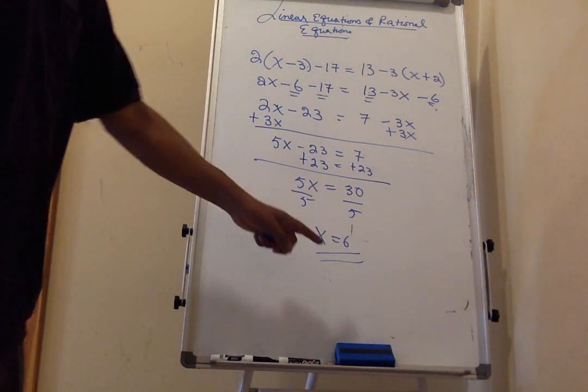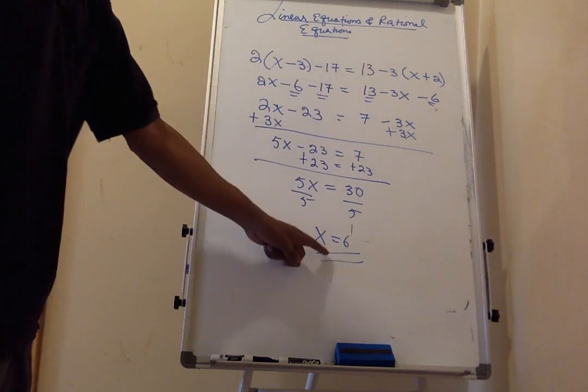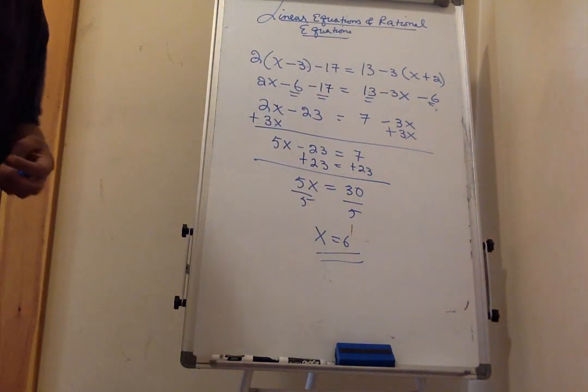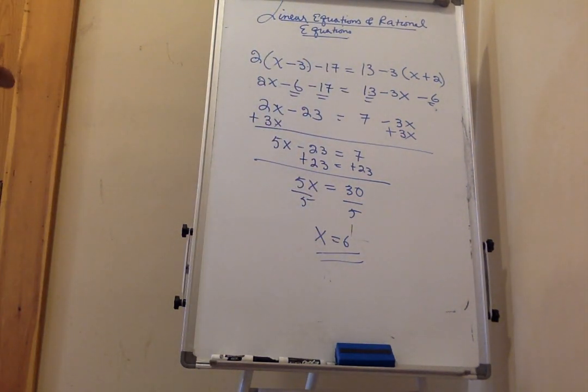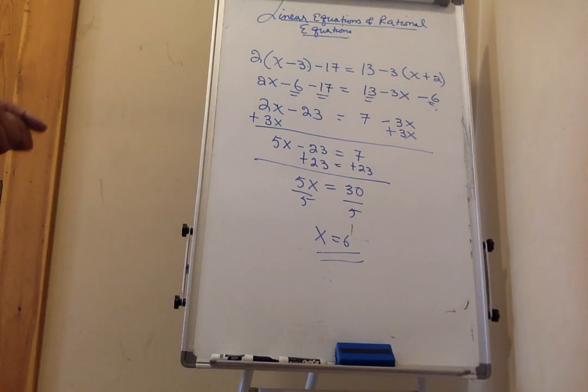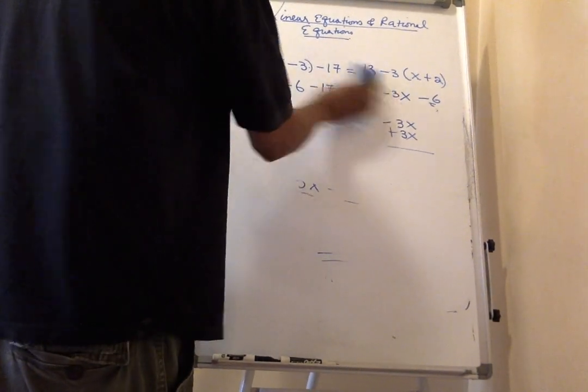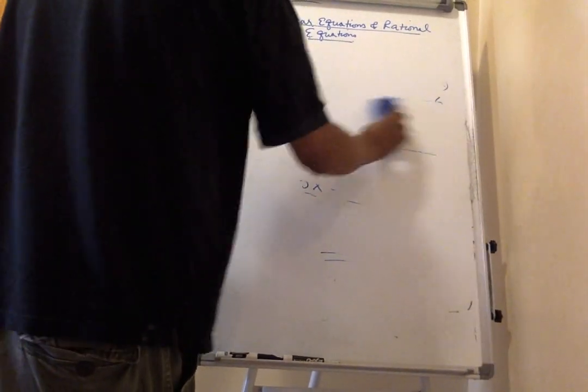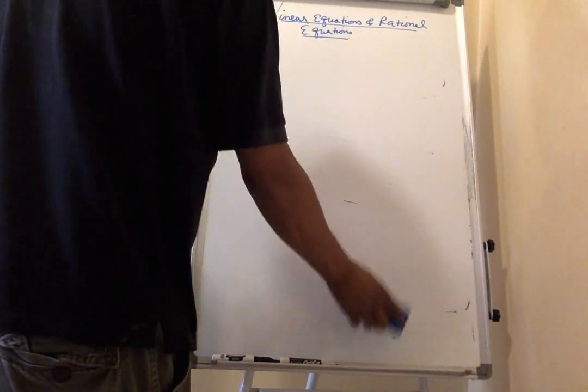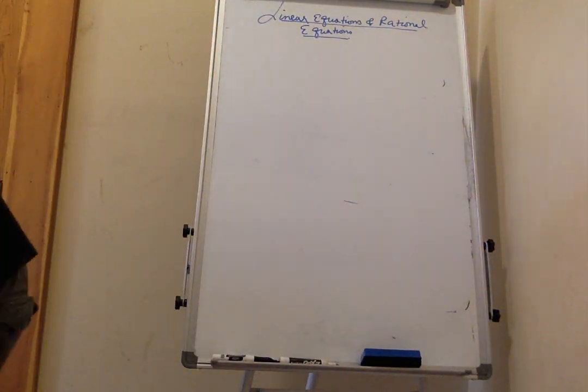Again, just to self-check, plug in the value of x, which is 6, instead of x, and see whether the equation works out. Okay? So, that is basically what we mean by solving a linear equation. Find x. Okay.